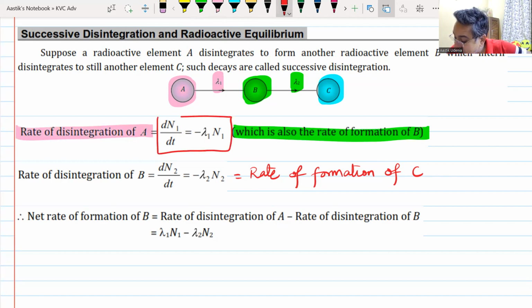So the rate of disintegration of A, which will also be equal to the rate of formation of B, will be equal to dN by dt, which will be equal to minus lambda 1 into N1. What do you mean by N1 here?